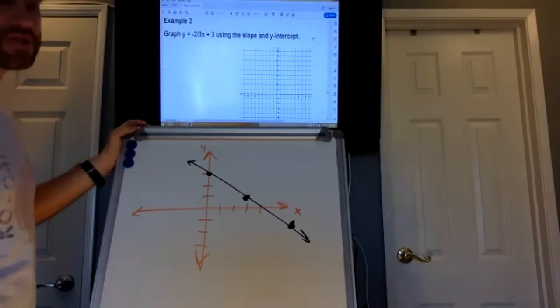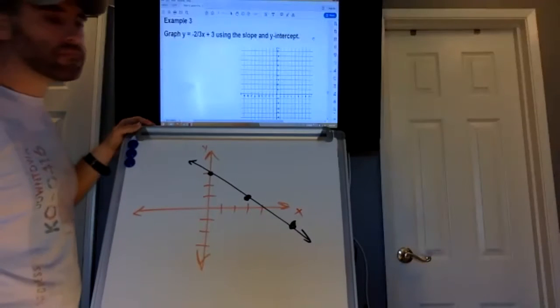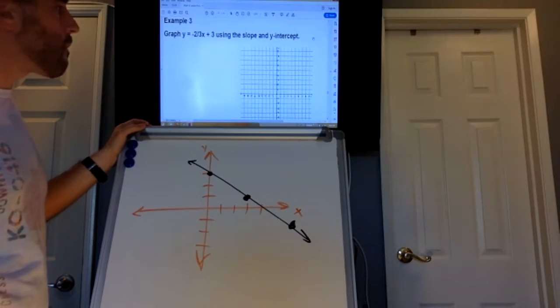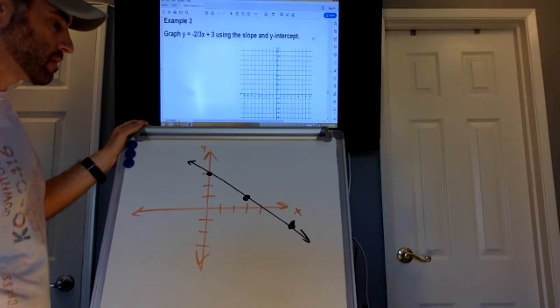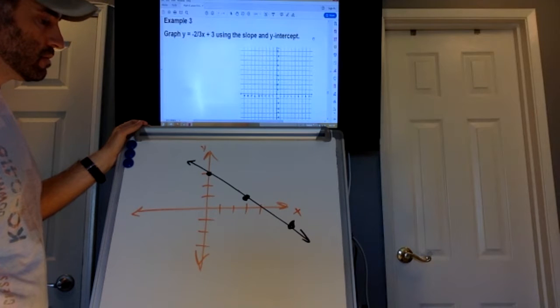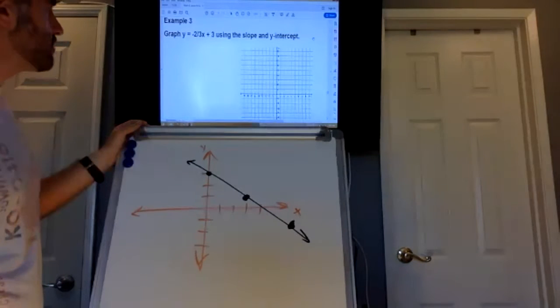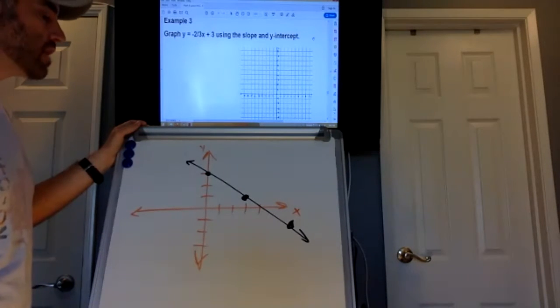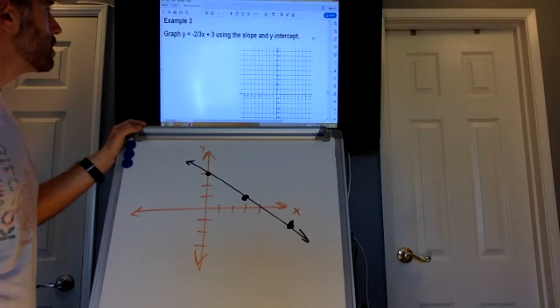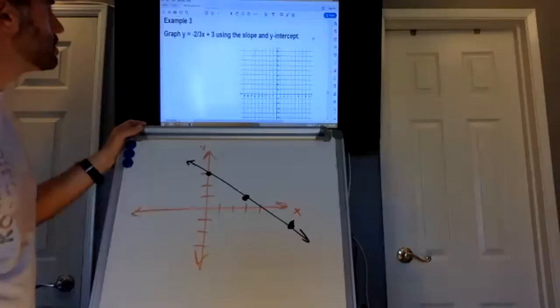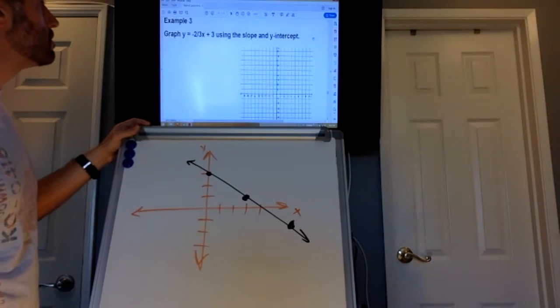These are impossible situations. Mr. Rosenthal, on the middle point, isn't it 2/3 of 3 is 2, and then you move it up 3 more for the middle point? Why are you doing 2/3 of 3? Oh, is it negative 2/3? Yeah. Oh, okay, I didn't see that. I thought it was the opposite.